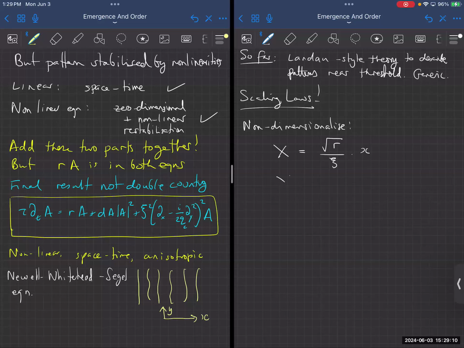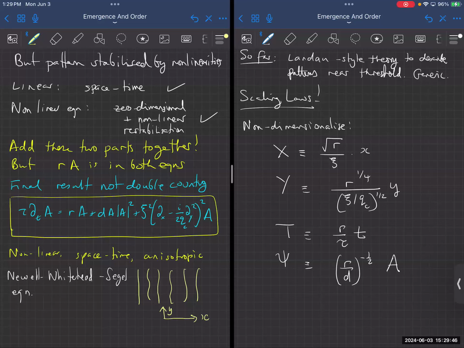And capital Y is r to the 1/4 over xi over qc to the 1/2 times y. I'm going to define a timescale, T is r over tau times t. And I'm going to define some new field psi, which is r over d to the -1/2 times A. Okay, so all of these are definitions.